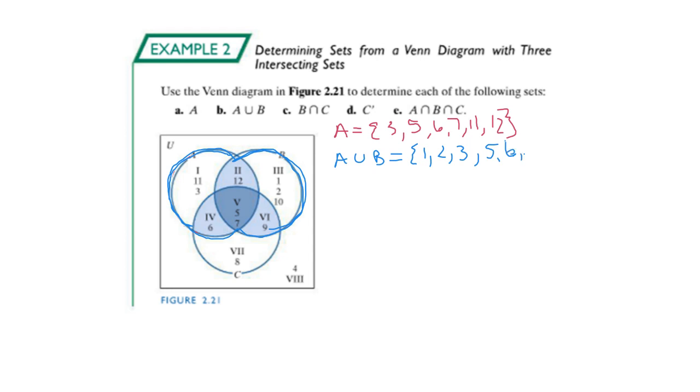I'm always trying to place these in order. And it looks like we have 9, 10, 11, 12. So this is A union B. So essentially what I did was I grabbed all the elements contained in this region that I'm drawing all these little lines in. Everything there is included in A union B.